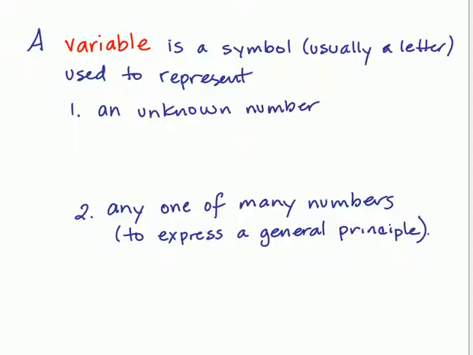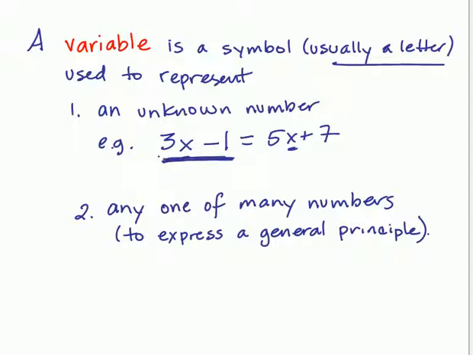So for example, you may be told that 3 times x, and x is a variable in this case, it's a little letter, we don't know what it is, so we're going to put in an x, minus 1 equals 5x plus 7. So that's an example of, we don't know what that x equals. We just know it represents some number, but we do know that when you take 3 times that number and subtract 1, you're going to get the same result as when you take 5 times that number and add 7.